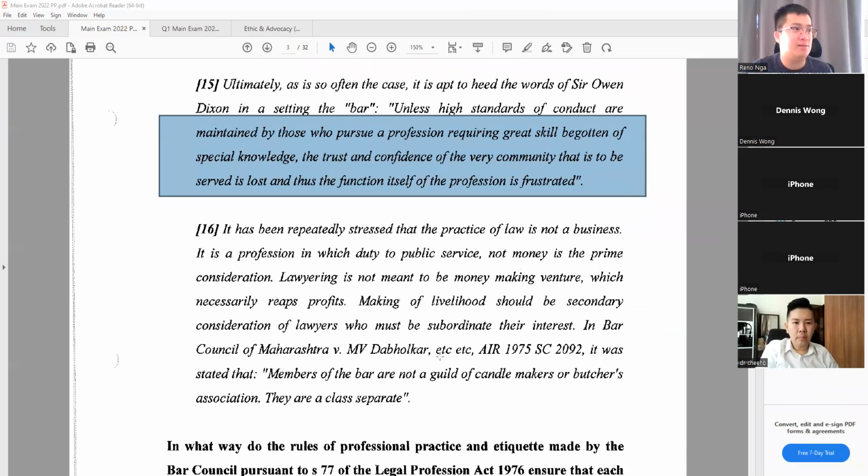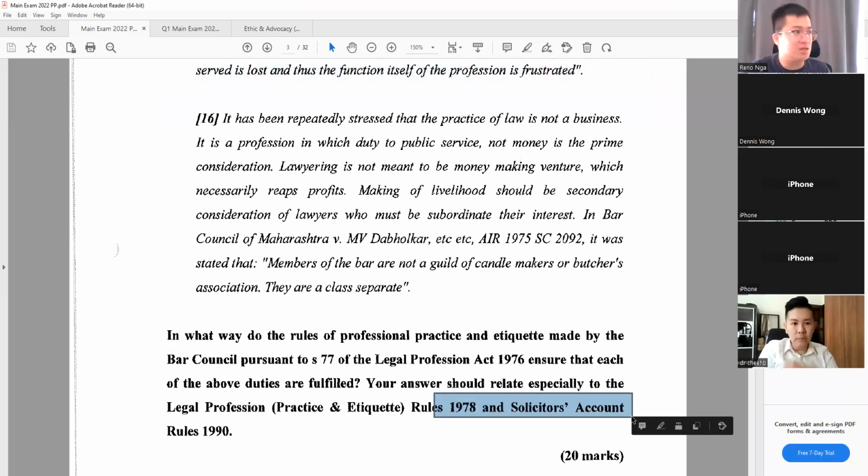Okay. Then how about this Solicitors' Accounts Rules? Like I said just now, this is talk about accounts only. So how these two paragraphs relate to the Solicitors' Accounts Rules. So if I may, we refer to the Solicitors' Accounts Rules.